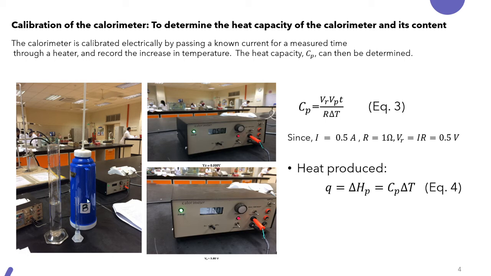Okay, you're going to use the same Dewar flask that you calibrated for all the other processes, for this neutralization and dilution process. Start with dilution first, and once that is measured, you can proceed with the heat of neutralization of all the 4 acids.